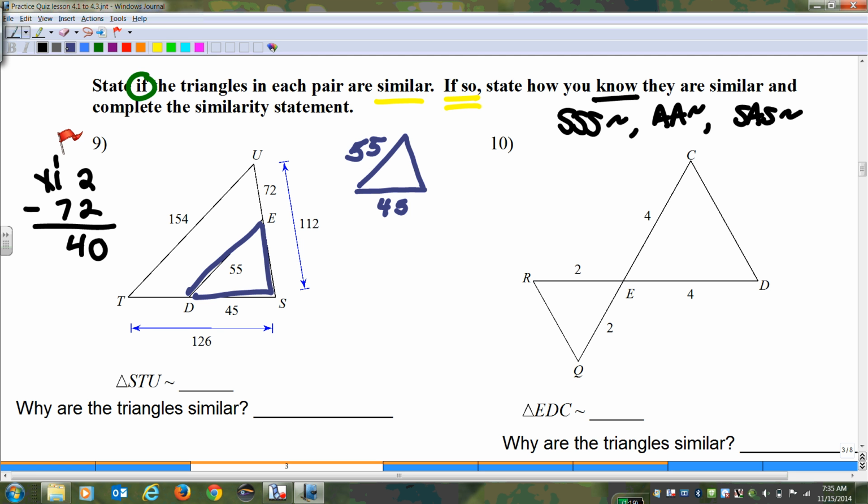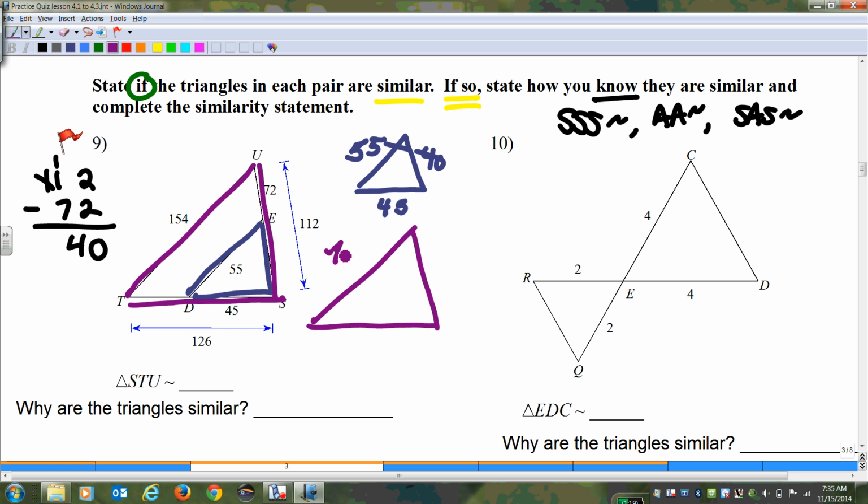That's going to be 40. And then you have the larger overlapping triangle. Make sure you're looking at the correct numbers here. This is 154. This is 112. And this whole side is 126.